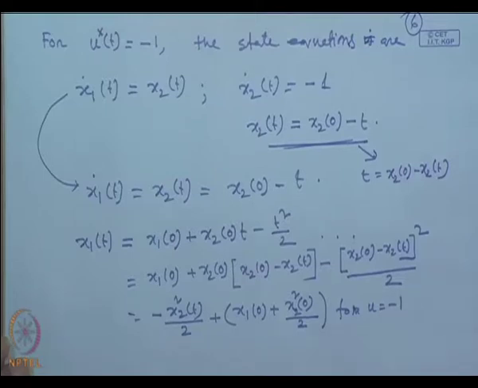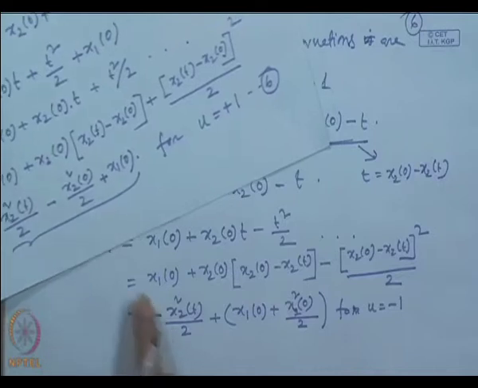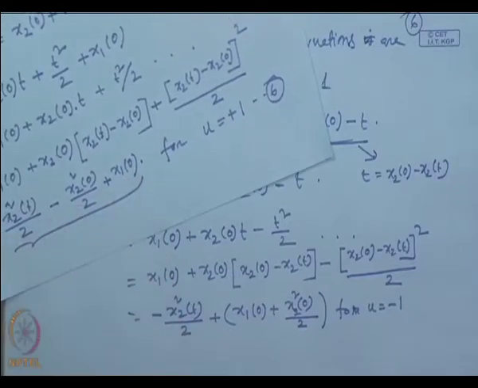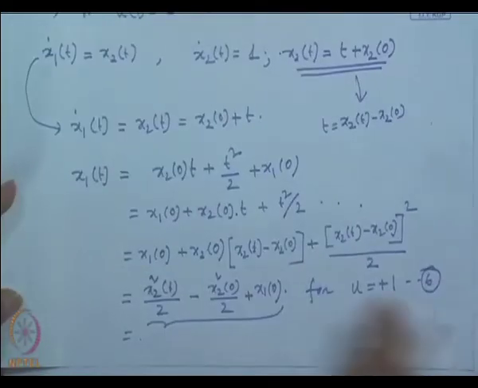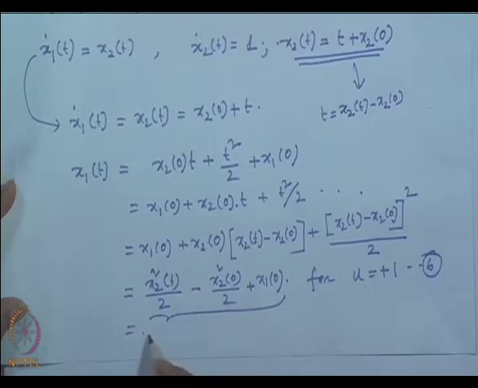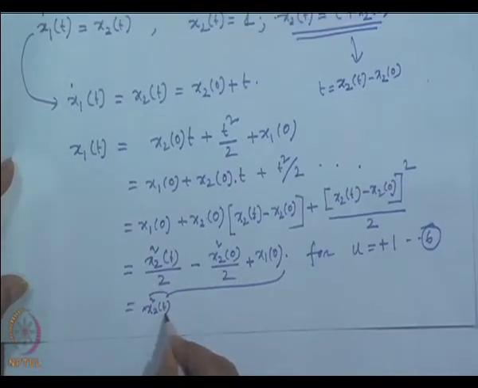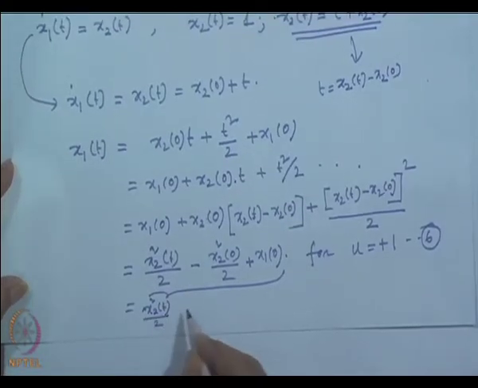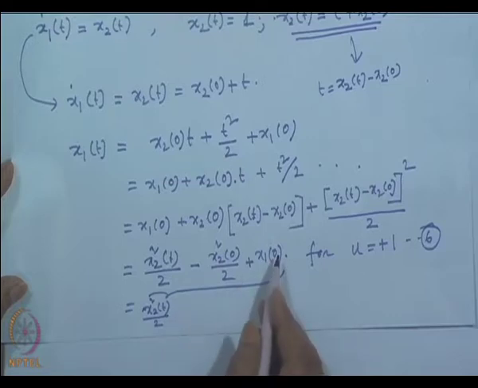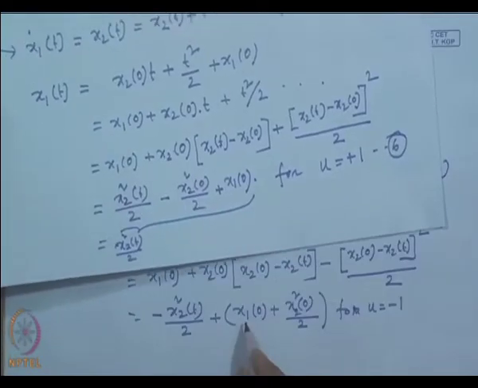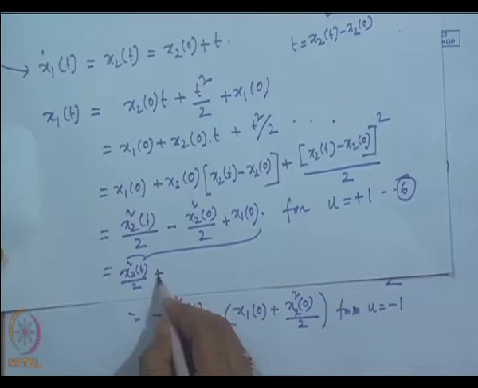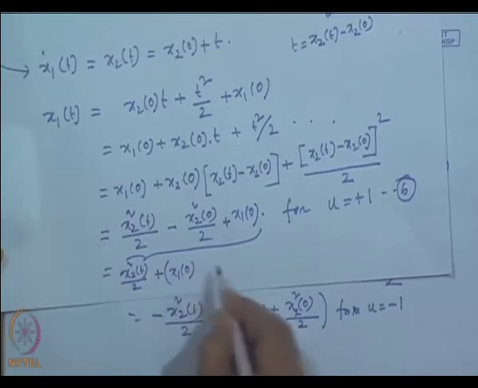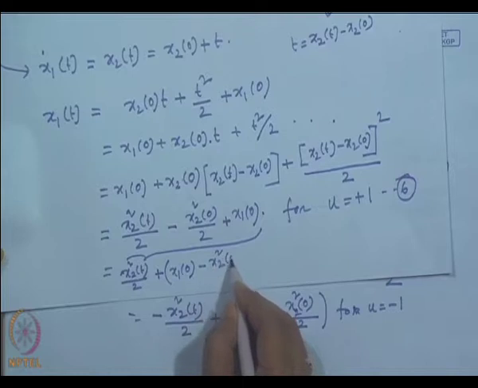If I write it in the same manner as that one, this expression is x2 square of t by 2 plus a constant, x1 of 0 minus x2 square of 0 by 2.